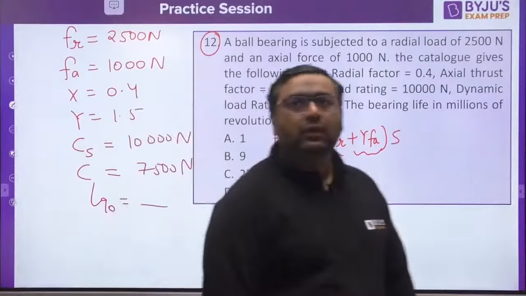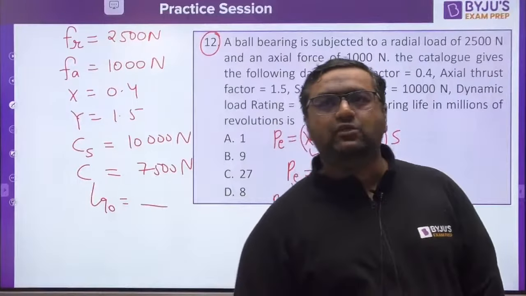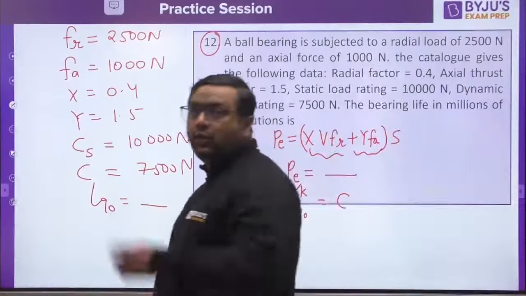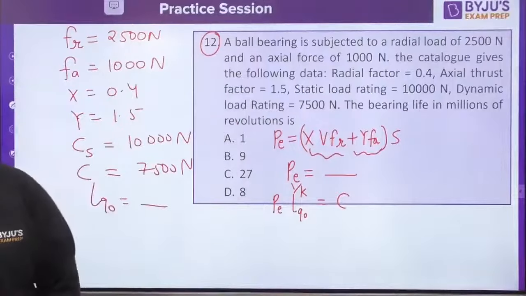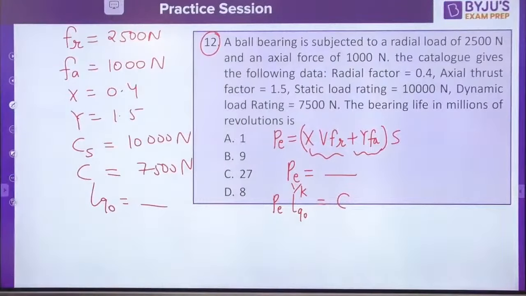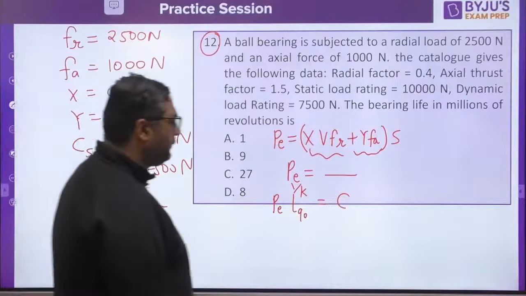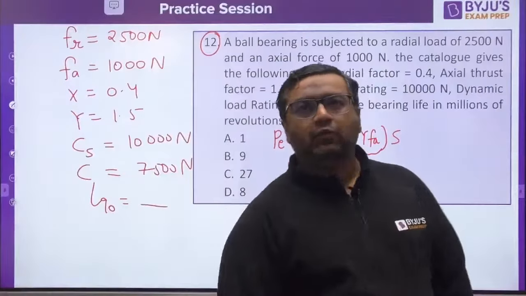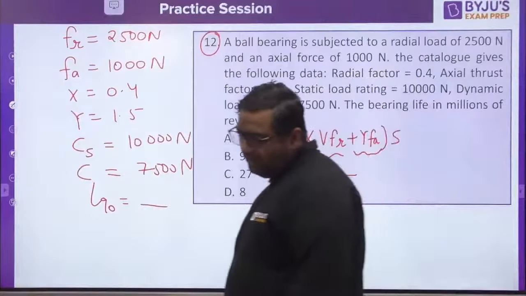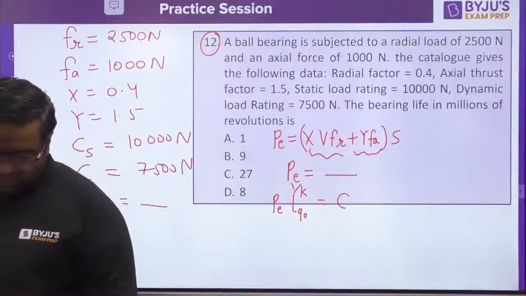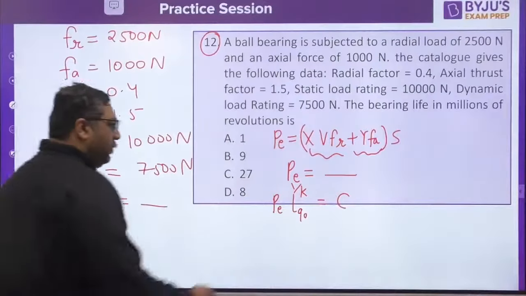Solve it. Okay, many of you have given the answer. Rohan is saying C. Loga Vignesh is also saying C. Okay, what about others? First of all, find out equivalent radial load, and we will be getting equivalent radial load as 2500 Newton, guys.